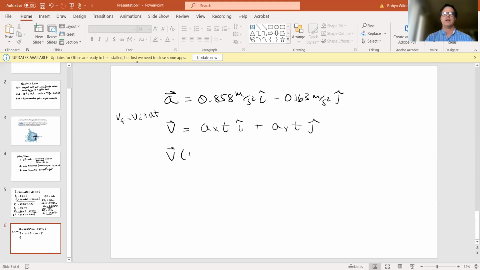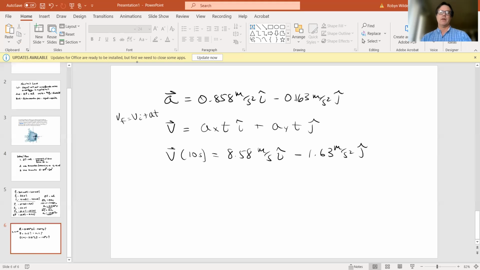So V at 10 seconds is just 0.858 times 10, 8.58 meters per second I hat, minus, well, it's going to be minus when I take this acceleration times 10, minus 1.63 meters per second j hat. And there's my velocity at 10 seconds.